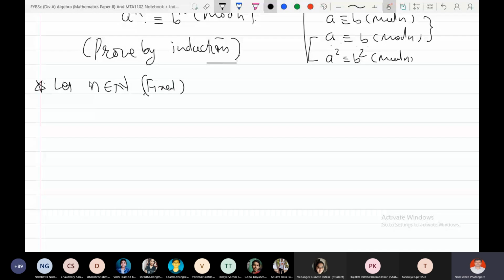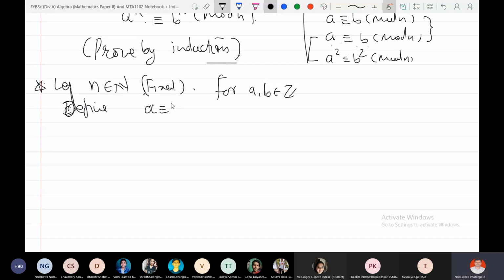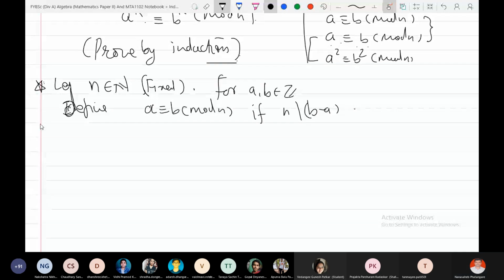I am fixing my n and I define, for A, B belonging to Z, A congruent to B modulo n if n divides B minus A. That is what our congruence relation is. Remember, n is fixed.